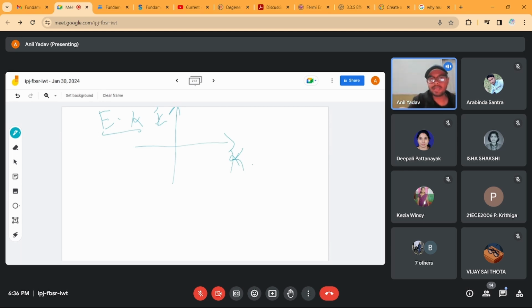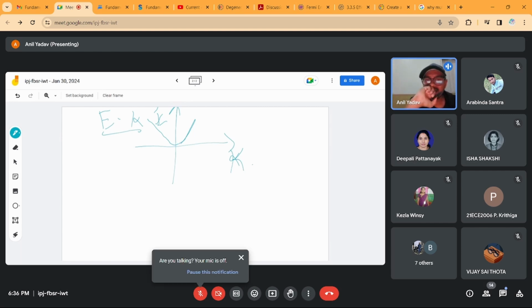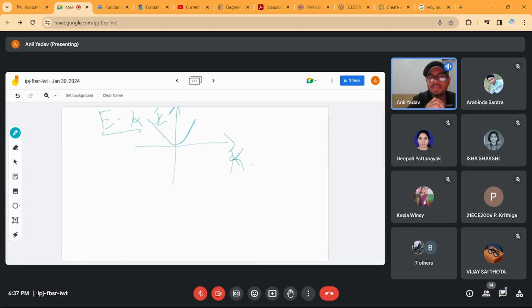Directly, I can say there is a parabolic relation between the energy and momentum: E equals h bar squared k squared by 2m. So energy is directly related to the square of the momentum. This is the parabolic relation in free space.